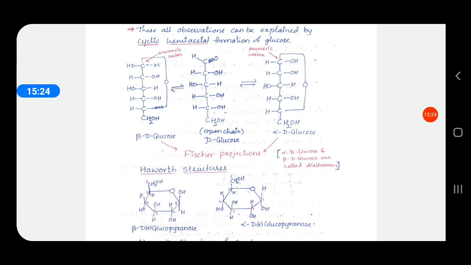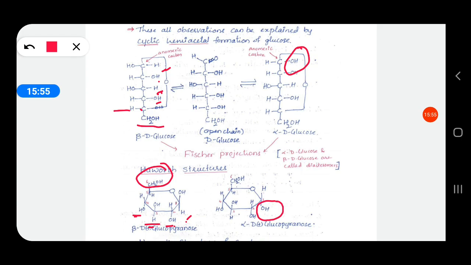See, the hydrogen present on the anomeric carbon is on the right side, so it is below, and the OH group is below. Next, the hydrogen on the third carbon is again below the plane, OH group below, and this is the 5th carbon, with hydrogen on one side and CH2OH on the other, so CH2OH is outside the ring.